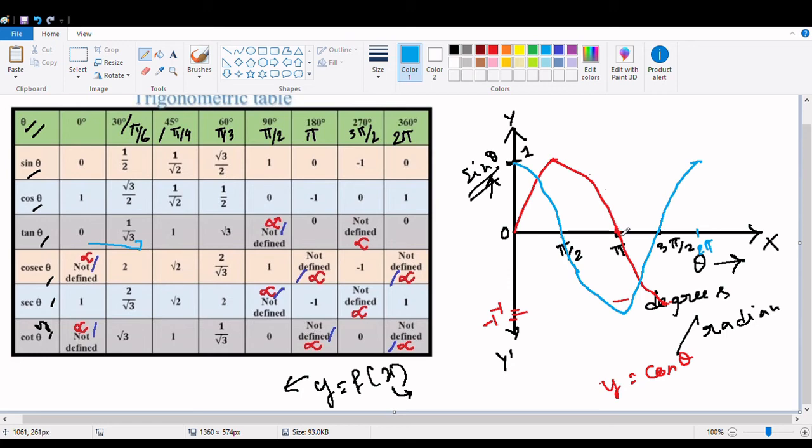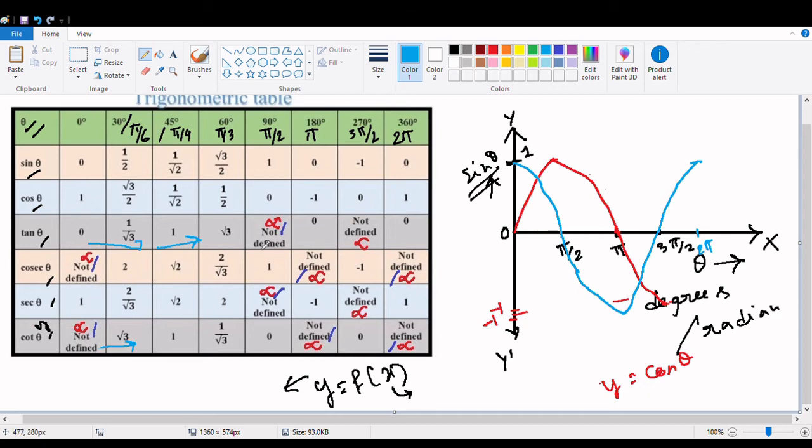Just a second, guys, I lost my pen. Yeah, got it. So if I want to write this function in this order, it will be the value of tan theta, and the cot theta value will start from here, just the reverse of this. That means the reverse of tan equals cot.